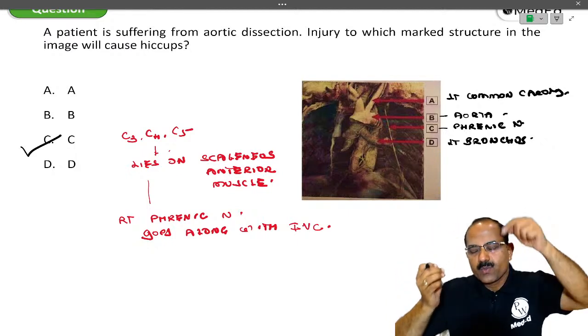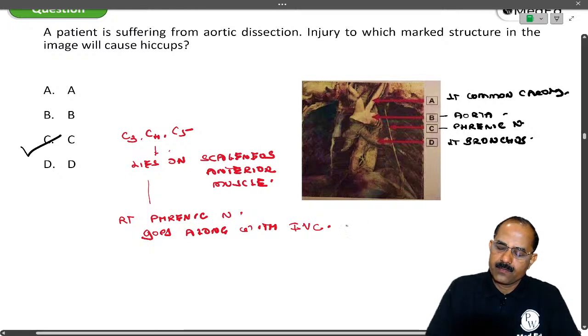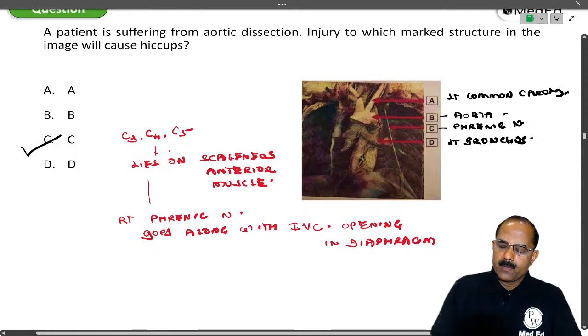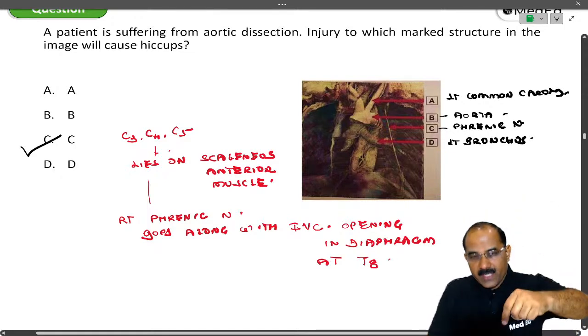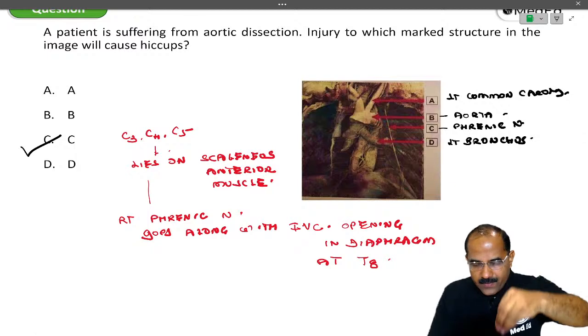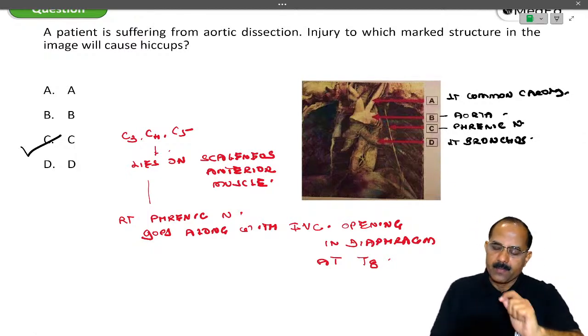It passes through the IVC opening in the diaphragm. What is the vertebral level? T8 vertebral level. So the right phrenic nerve goes along with the IVC, at T8. It enters the abdomen.